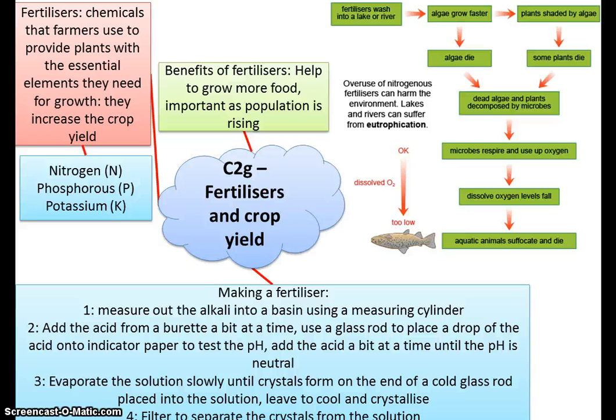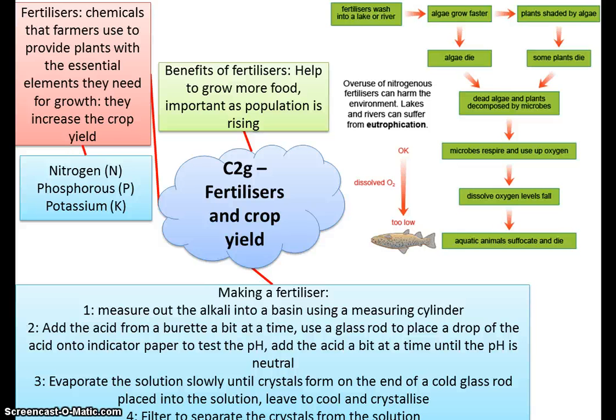Once you've done that, you can make a note of how much acid you have used. So now you know that you've used 25 centimetres cubed of alkali, and you've seen how much acid you need. Now you can do the whole thing again, but this time don't use any indicator, because you want your neutral substance, that's your fertiliser.